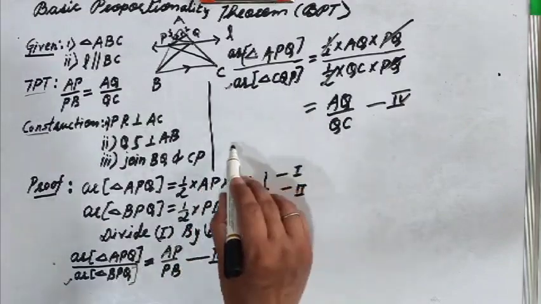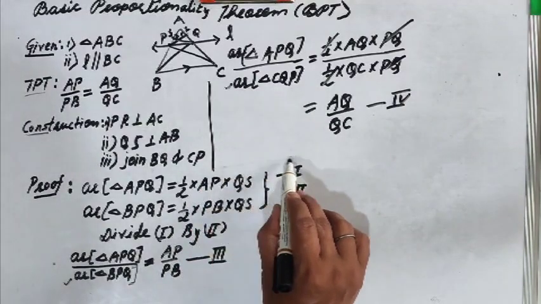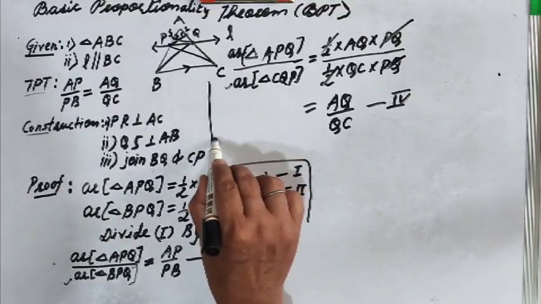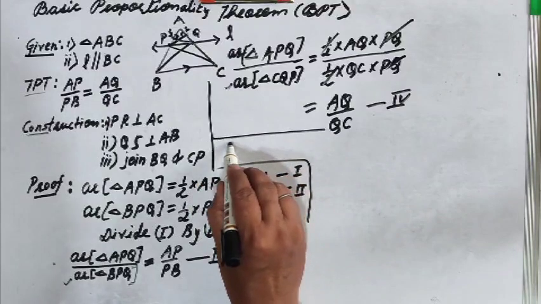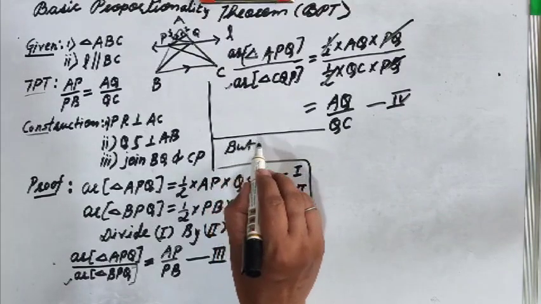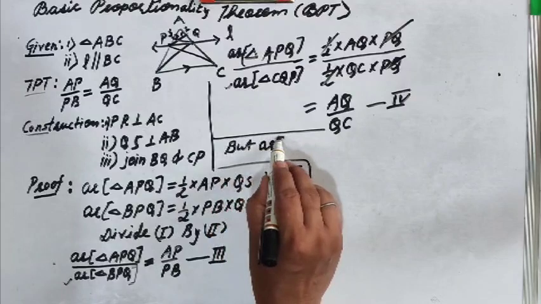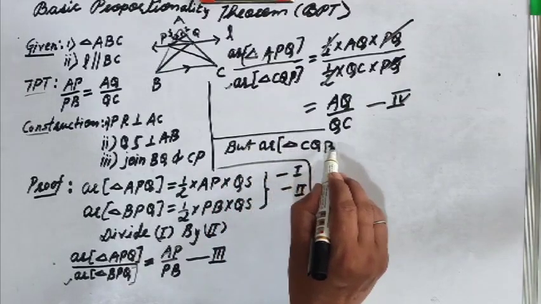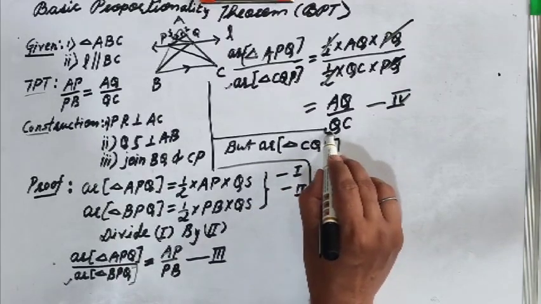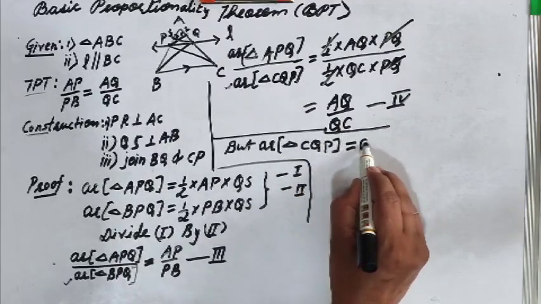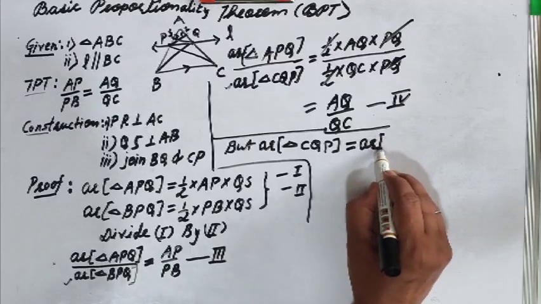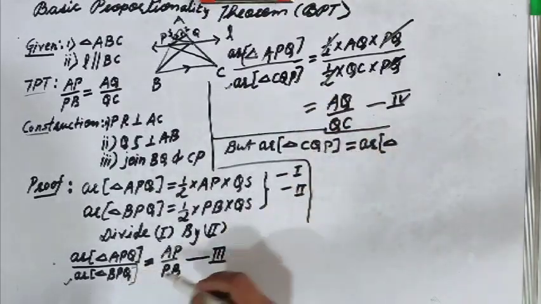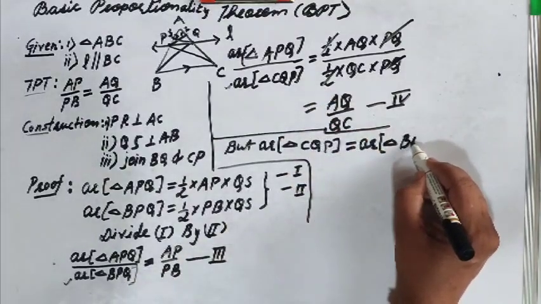So let's write this here: area of triangle CQP should be equal to area of triangle BPQ.